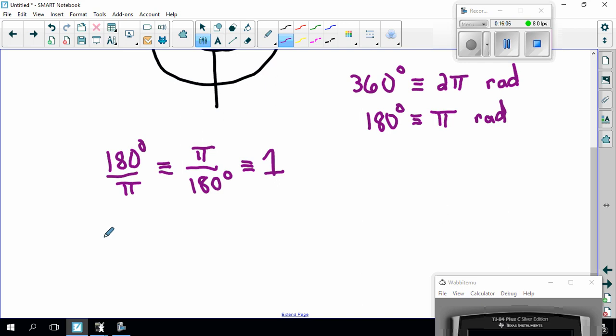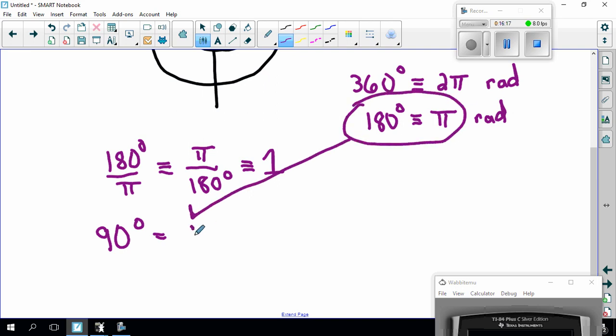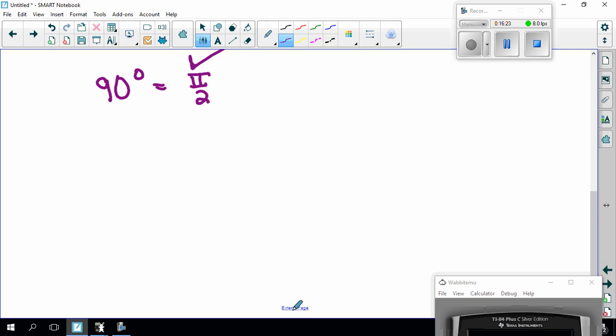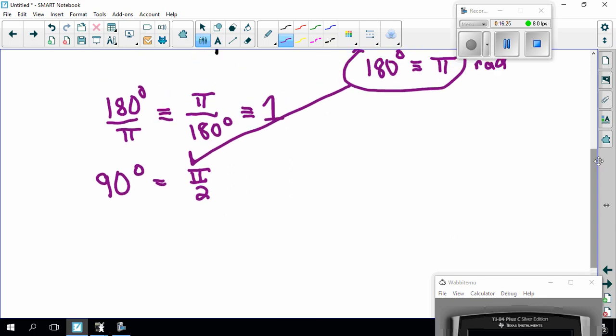Okay, so let's start with 90 degrees. 90 degrees, based on this, is clearly pi over 2. But sometimes I lack common sense, so if you need something that just works all the time, you would just go 90 degrees.